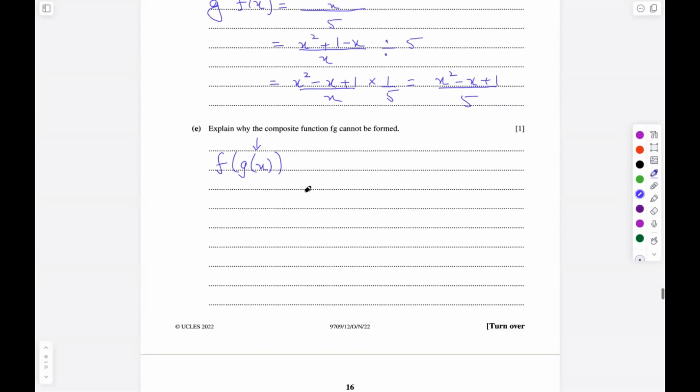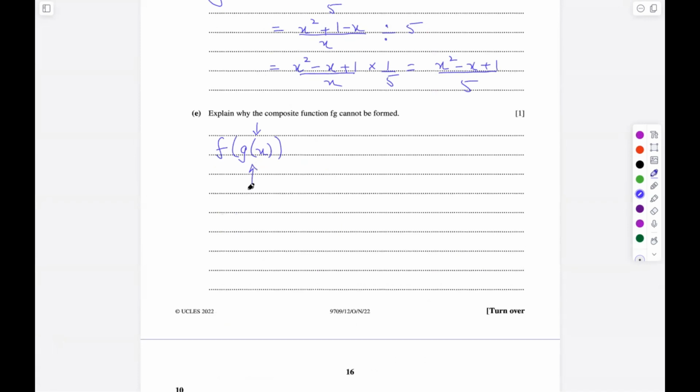Now, as we're substituting g of x in place of x up here, in the function f, as the range of g of x does not lie, so we will write the answer that the range of g of x does not lie in the domain of f of x.